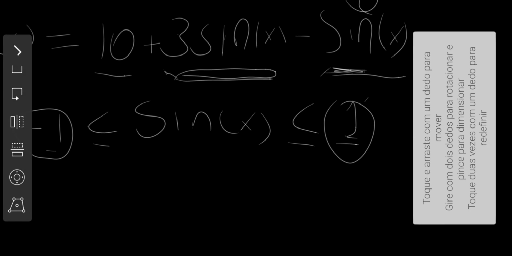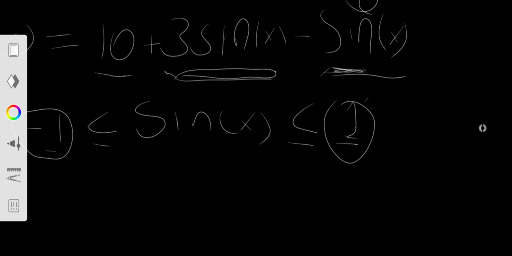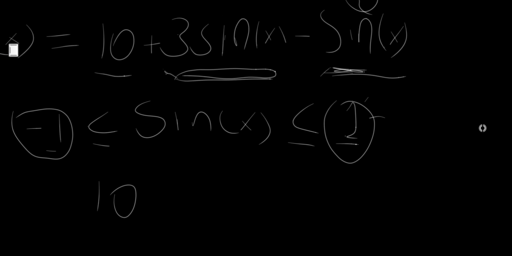I don't know if this is correct, but look, the 10, I can't do anything about it. If I choose 1, well, sine of x will become 1 and I will have 3, and this is not good for me. So I will choose minus 1. Why? Because 3 multiplied by minus 1 will become minus 3. And remember, I chose sine of x equal to minus 1. Now I can't go choose 1 or anything else.